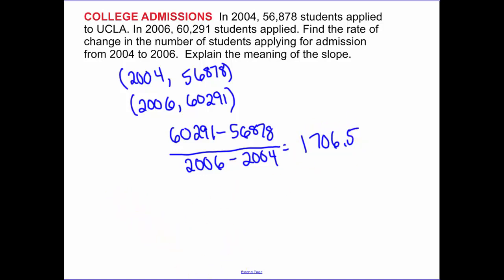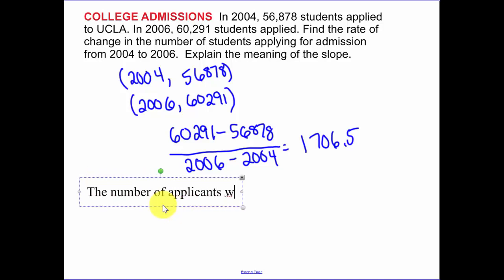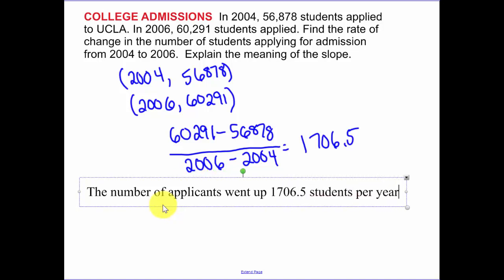Okay, that means, I'm going to be fancy and type it out here. The number of applicants went up 5 students per year.